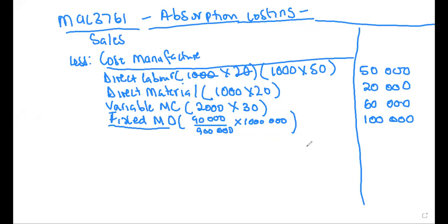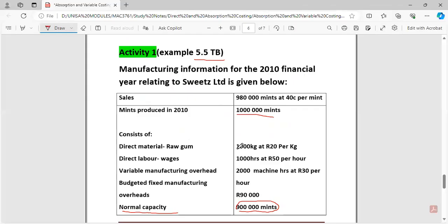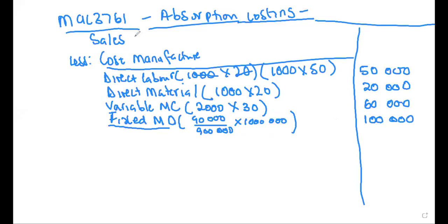When we have our fixed manufacturing overheads, what did we say is the sales? We never talked of the sales. Where are the sales? Our sales is 980,000 units times 40 cents. Always show this calculation inside the bracket, but if you feel the calculation might be long, you can do it separately and then just indicate the result here.